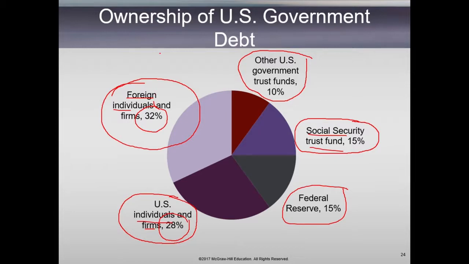And that's essentially like a balance sheet. It has to balance. So when we're running a trade deficit, that implies that we're borrowing money from the rest of the world to finance the deficit. That's an inflow of loanable funds and capital from the rest of the world. And that inflow of capital from the rest of the world is what's financing a lot of the government borrowing.